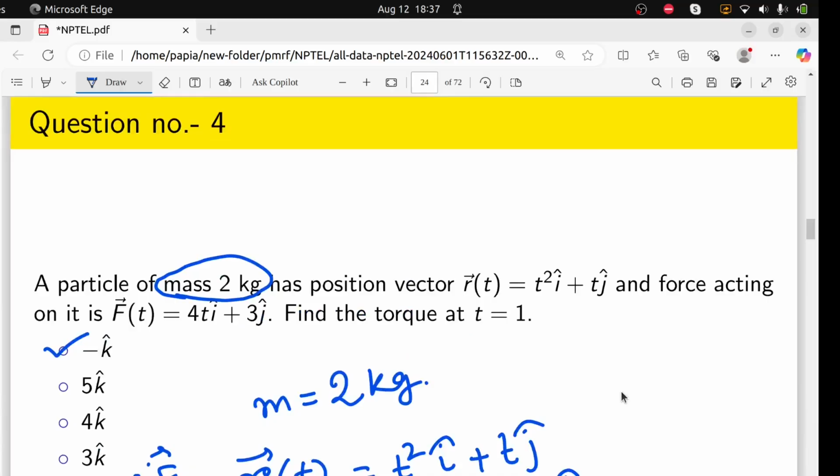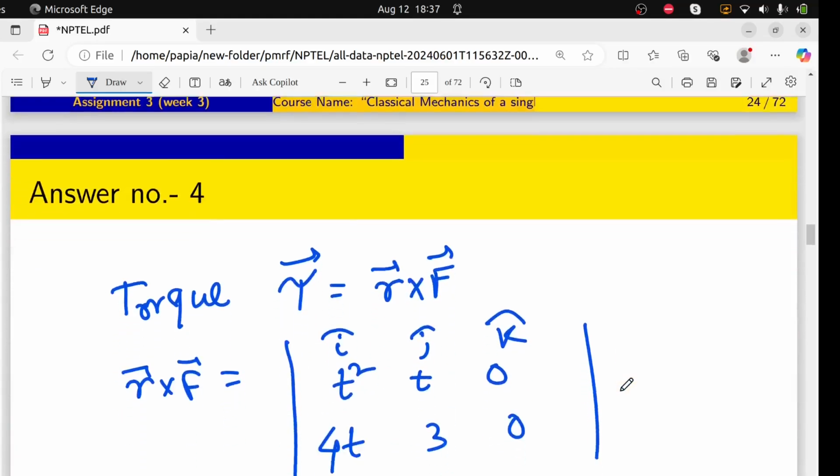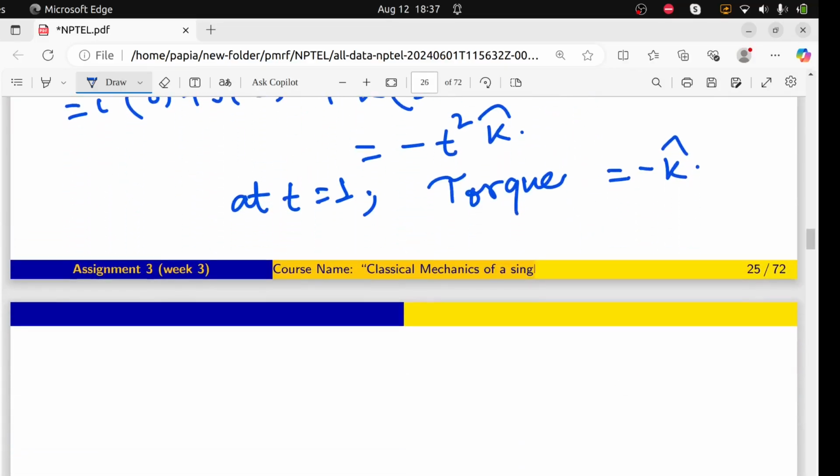And if I put t equals 1, it will simply give me the torque at t equals 1 as minus k cap. Okay?